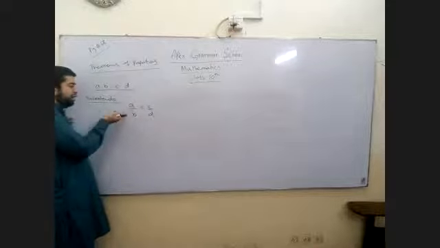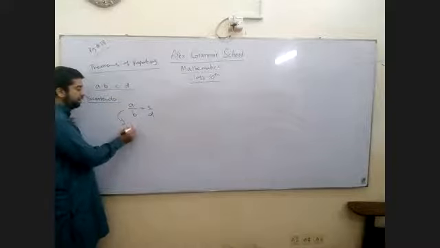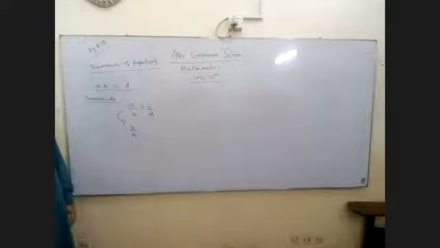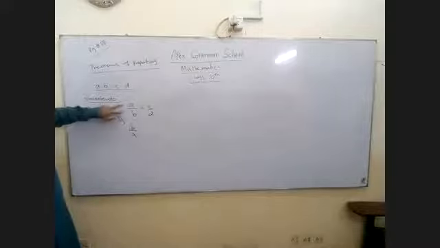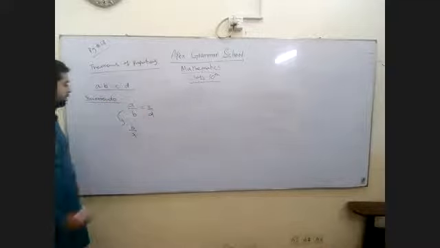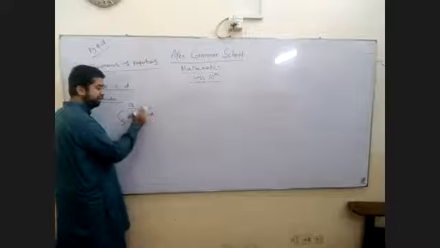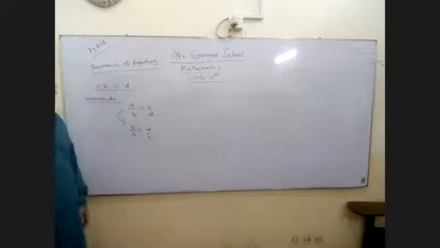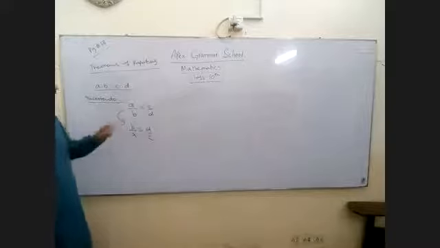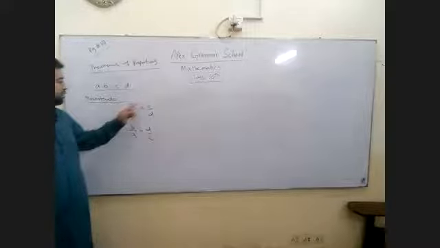This is A over B, we can write it as B over A. But the equality will sustain only if we invert this left hand side, and also this right hand side, so that this is D over C rather than C over D. Now A over B becomes B over A, and C over D becomes D over C. A over B, we can write it as A ratio B. So what about this B over A?